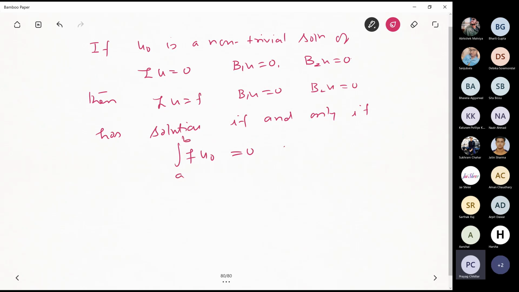If u naught is a solution, then this condition has to be true.